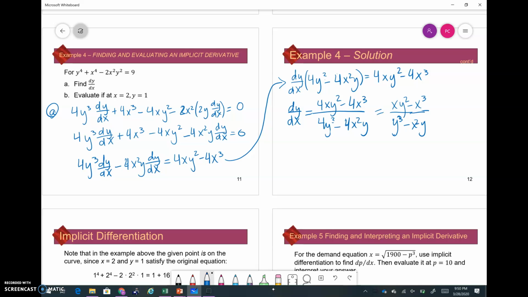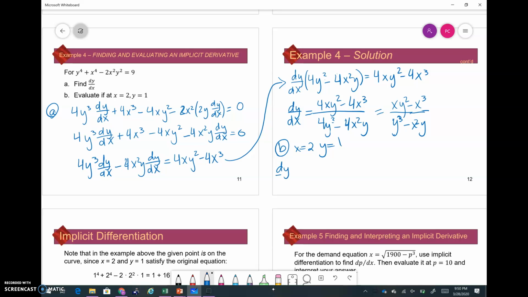All right, now, what we need to do at this point is evaluate. So part B would be to evaluate when x is equal to 2 and y is equal to 1. So we're just going to plug that in.